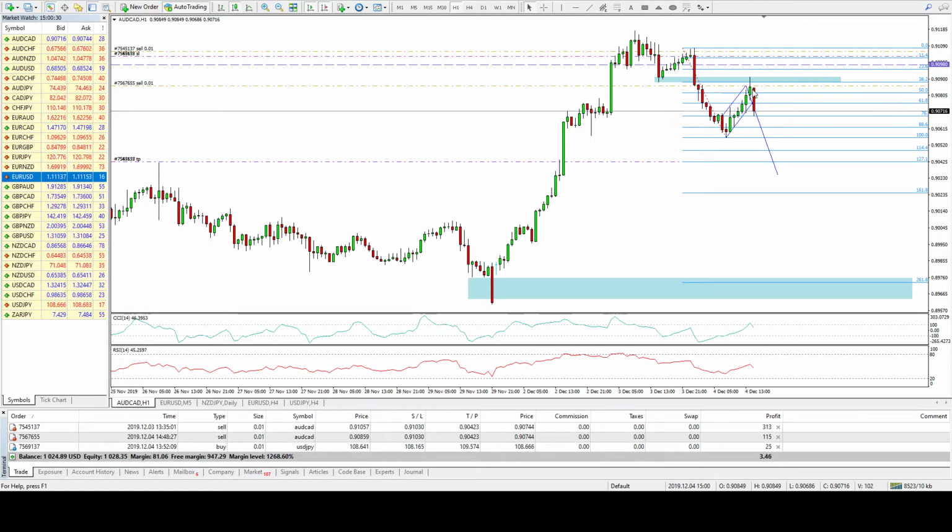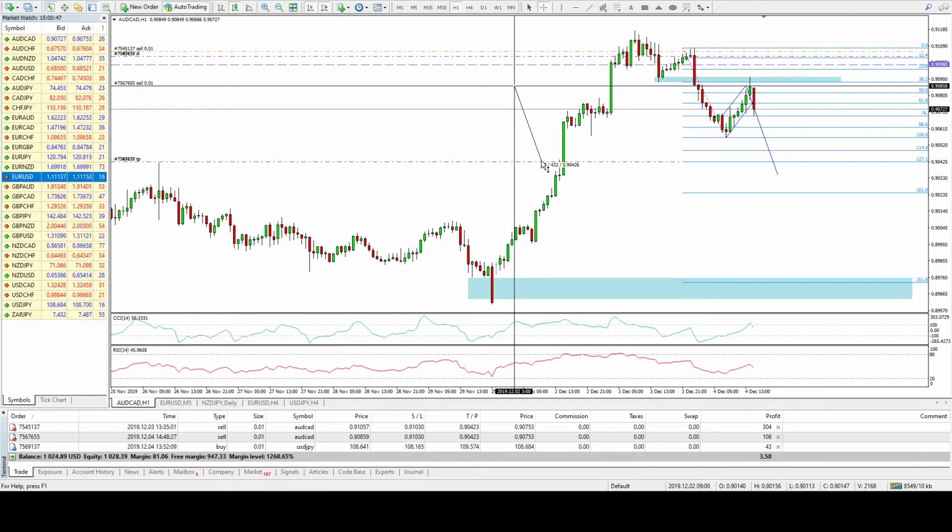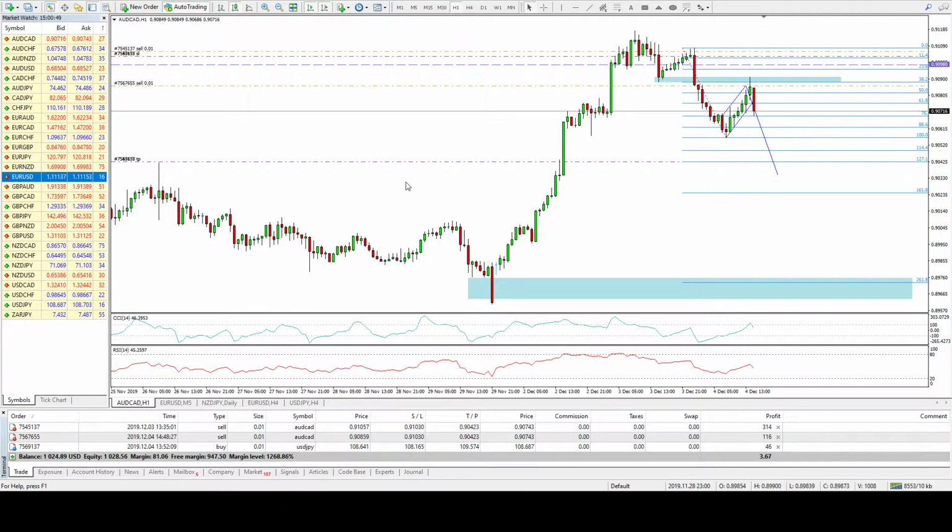Look at that. That's wonderful. It did exactly what I wanted it to do. We're going to take profit here. It's 63 pips and 43 pips. That's about 110 pips. Okay.